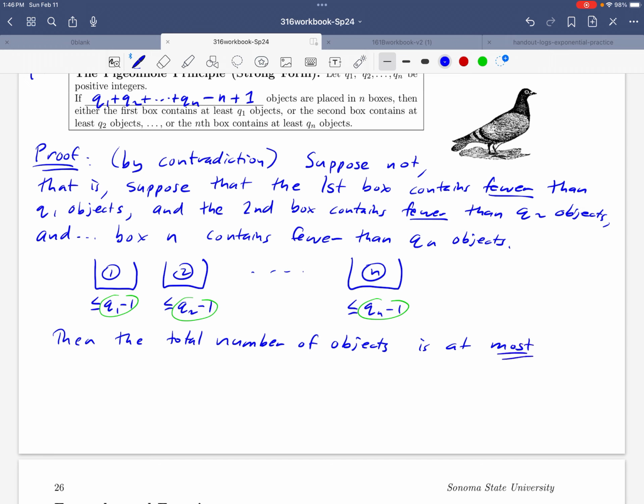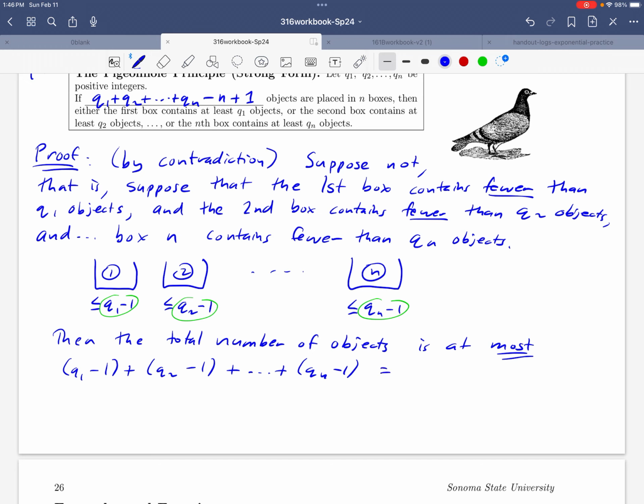Another way of saying it, the biggest possible number that it could be is the sum of all of those numbers. If we add those up, q1 minus 1, q2 minus 1, and eventually we get to qn minus 1.